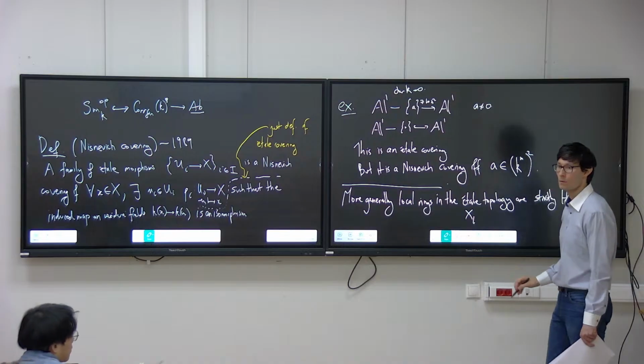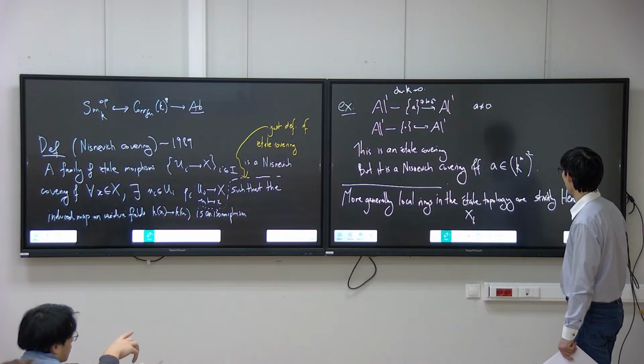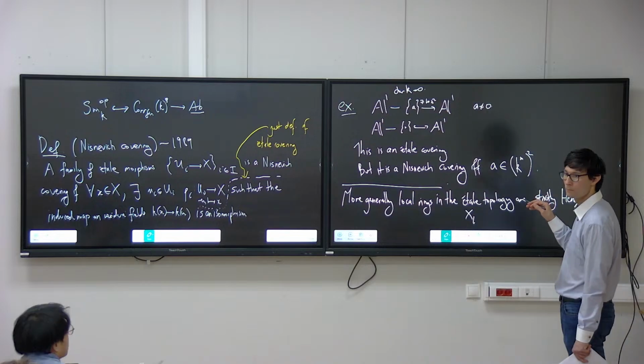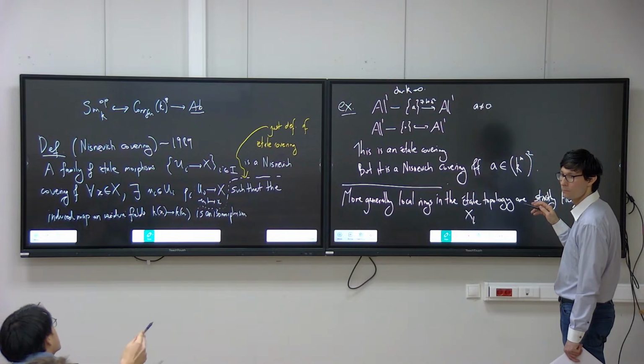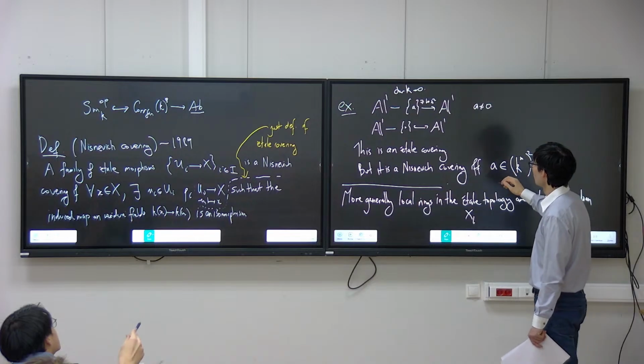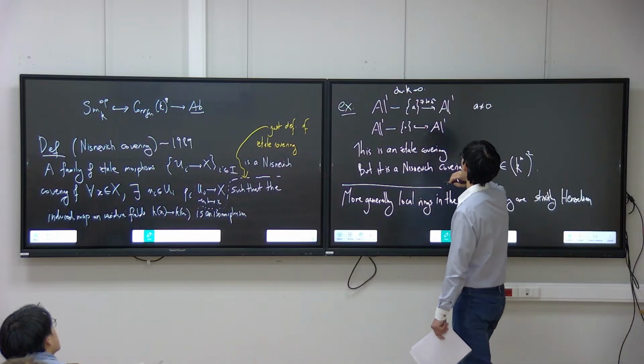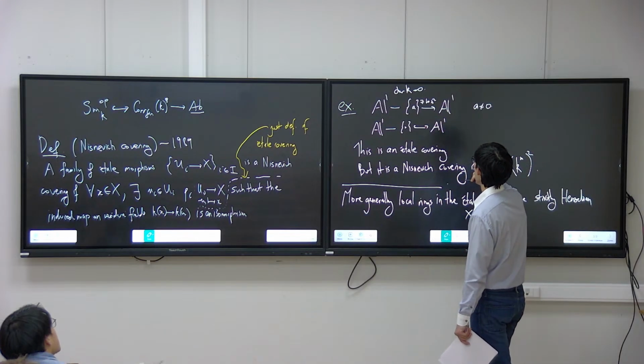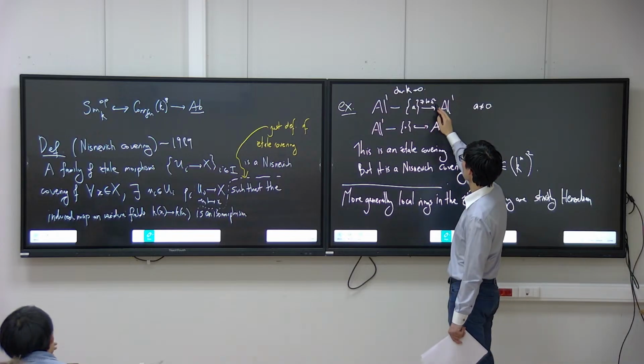Maybe the bottom row should be the square, and the top row should be inclusion. What's that, sorry? Maybe the bottom row should be z maps to z squared, and the top should be inclusion, because z maps to z squared is not étale at 0, I guess. No, is it?